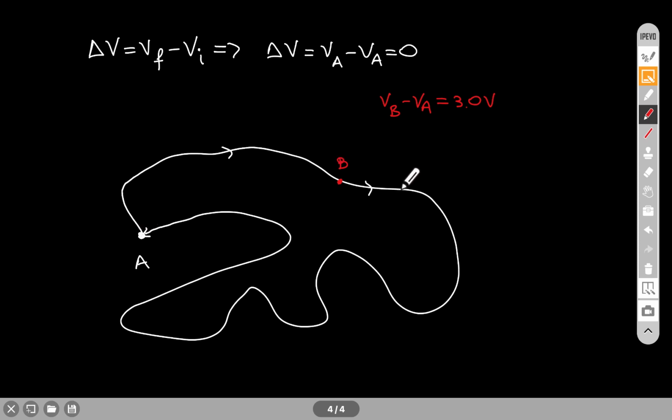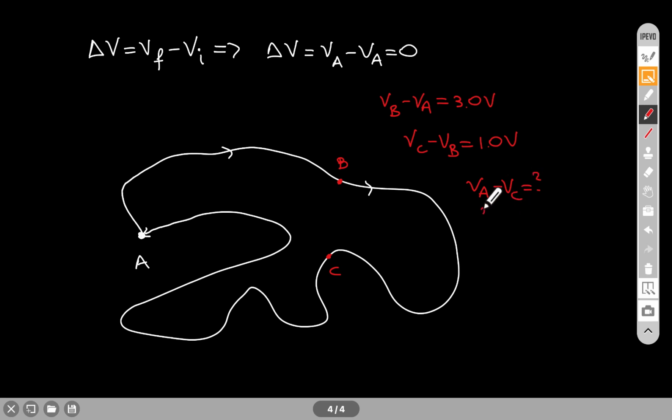Now, if I also tell you that, say this is C, VC minus VB is equal to 1 volt, and somebody wants to know what is VA minus VC, then I can do the following.